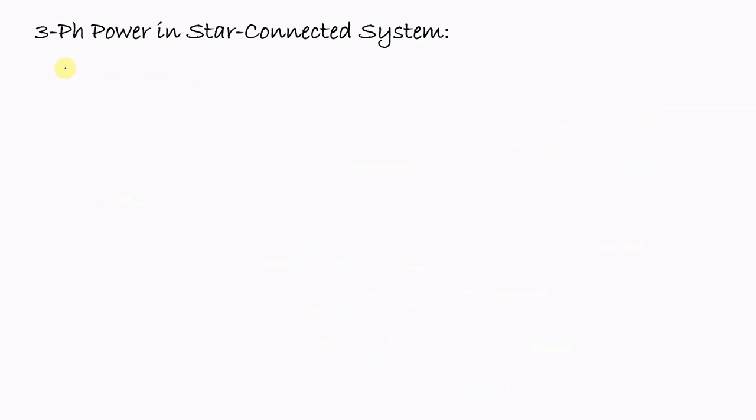So the active power of a star connected system is given by 3 E phase I phase cos phi, or we can write, as we have already seen, that the line voltage is root 3 times the phase voltage, and the line current is equal to the phase current.